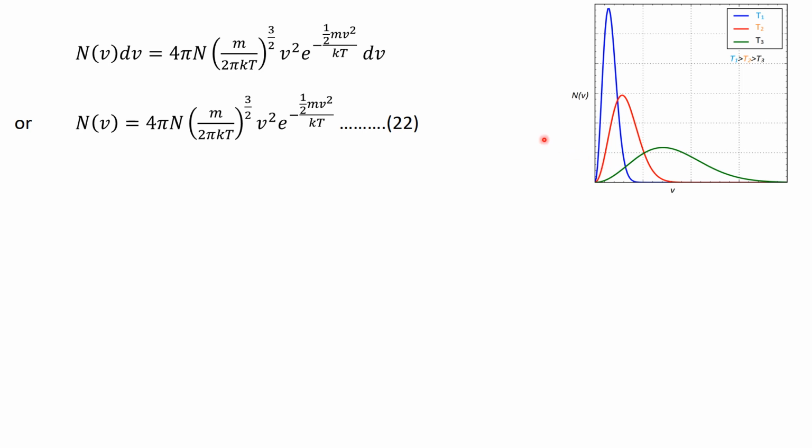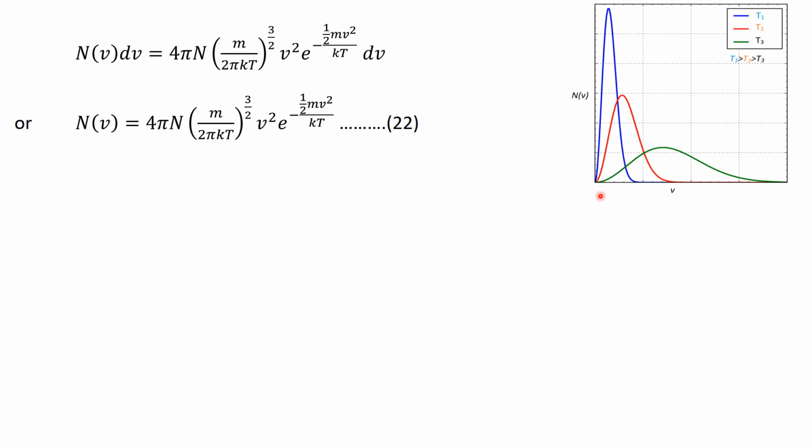If you increase the temperature, the velocity goes on increasing. So with the increase in temperature, the width of the curve increases and the height of the curve decreases, in order to keep the number of particles constant, because with the increase in temperature the number of particles remains the same.